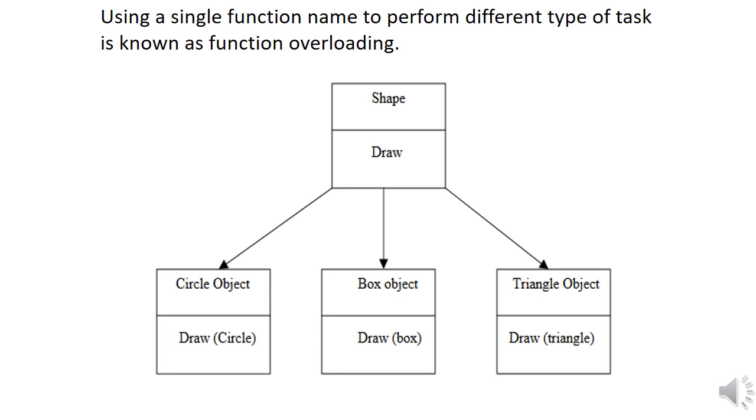If your object is a circle object, it will draw a circle. If your object is a box object, it will draw a box. If you are calling that function by using a triangle object, it will draw a triangle. So this way a function can behave in different ways based on the object you are using. This is called function overloading, and this is a kind of polymorphism.